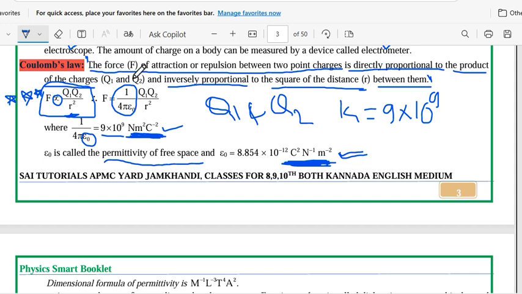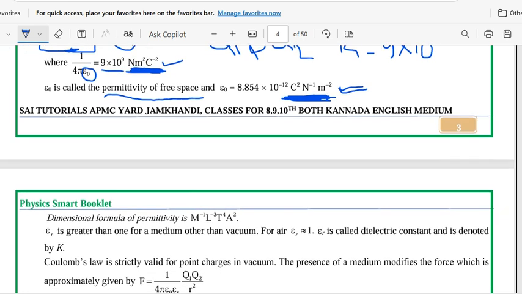This is all about Coulomb's law, and also you have learned in PUC first year classes the dimensional formula of permittivity, that is, M to the power of minus 1, L to the power of minus 3, T to the power of 4, and A to the power of 2. This is a very important dimensional formula. They will ask the dimensional formula also here.